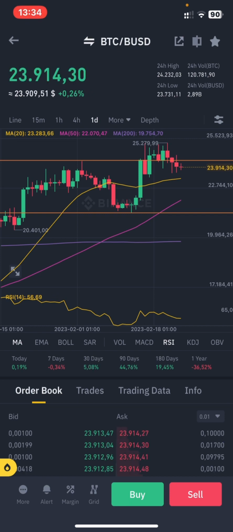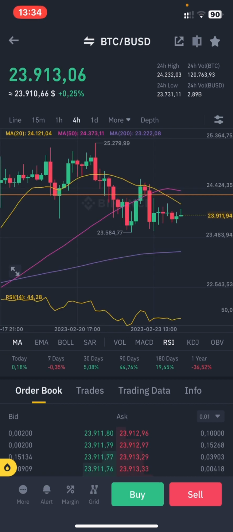Bitcoin sometimes helps some coins to pump. So right now I think Bitcoin is doing well. So I'm on Binance to check how Bitcoin is doing. If I decide that Bitcoin is about to make a good move, then I'm going to close my trade.